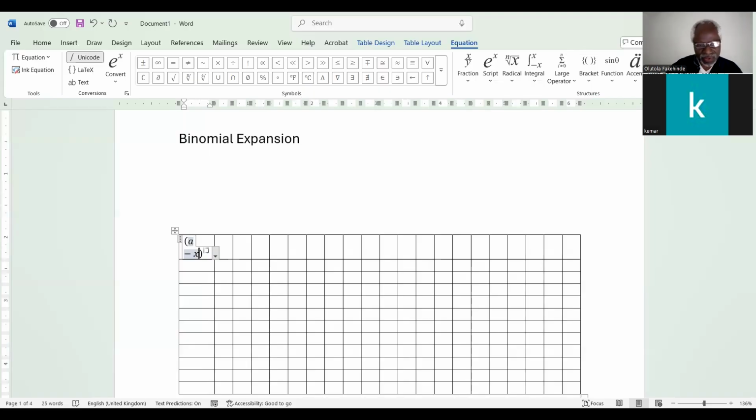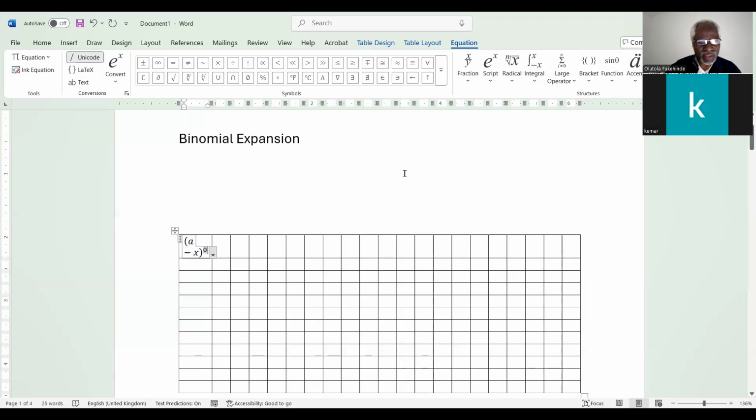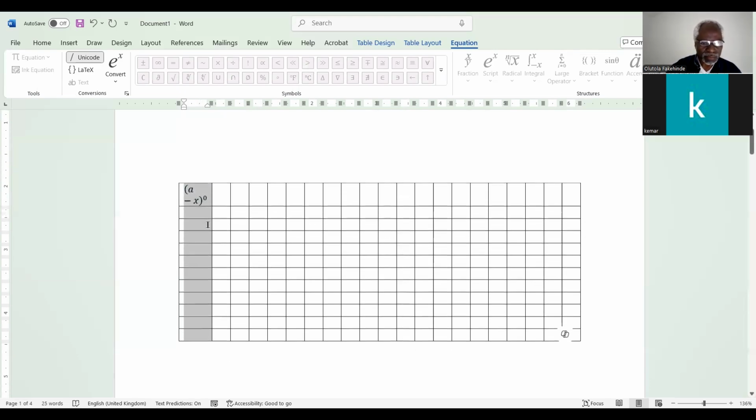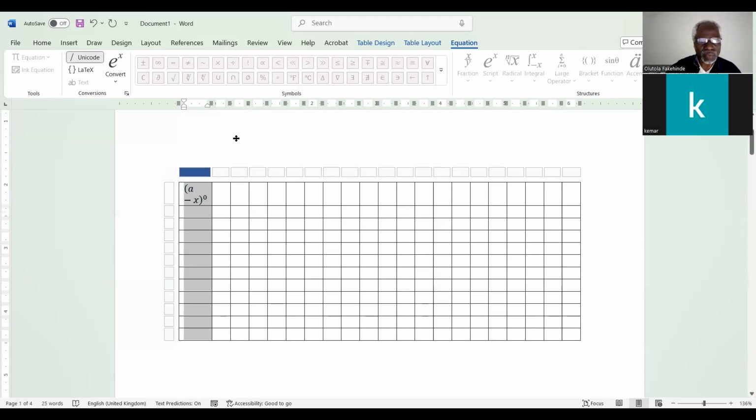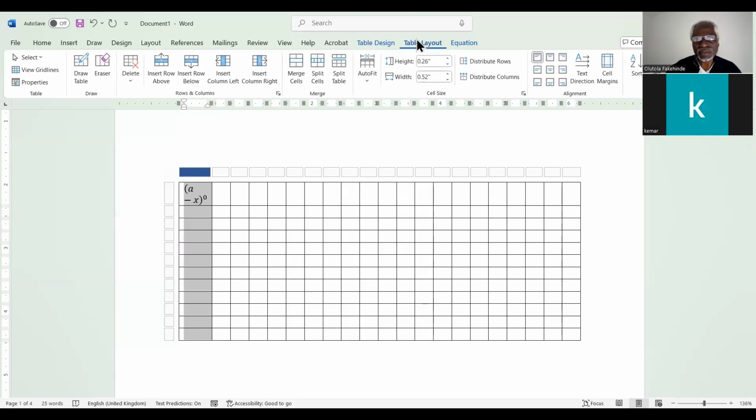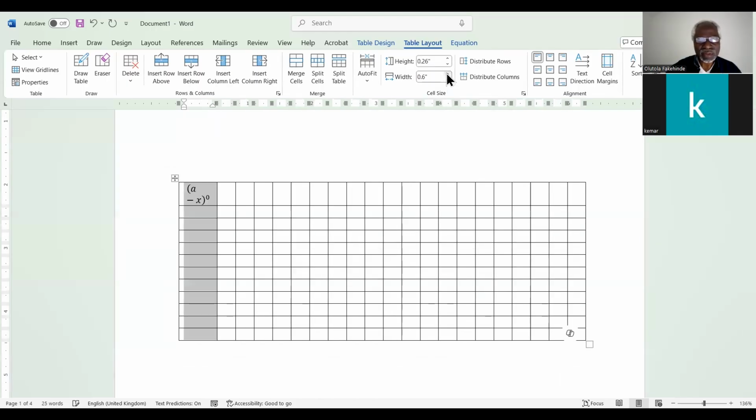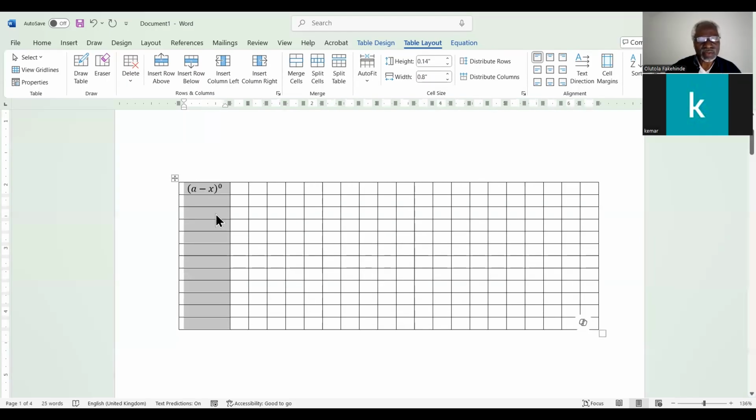A minus x to power 0. All right, so let us expand this column to fit that table layout. Okay, let me reduce this one and increase it. Okay, good. So it has taken that.